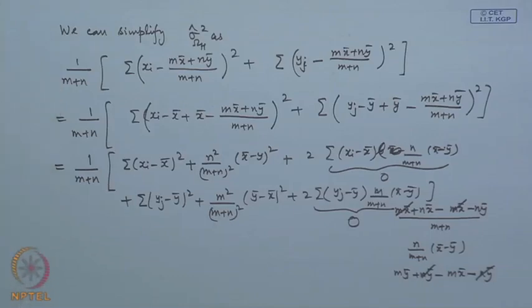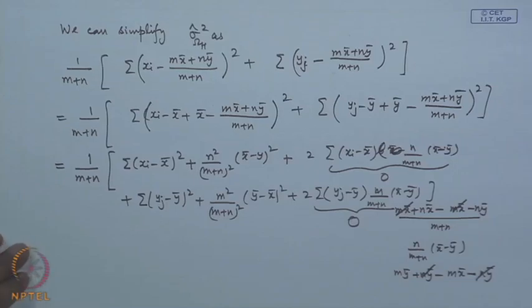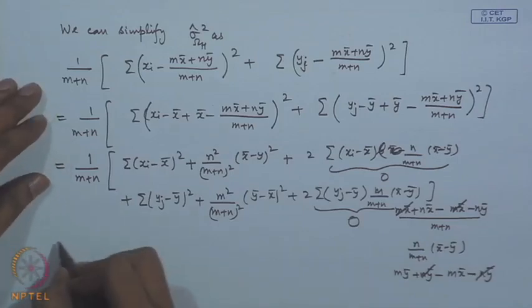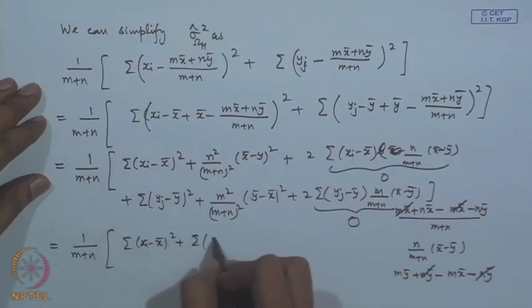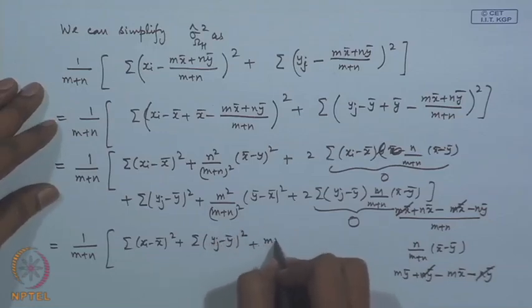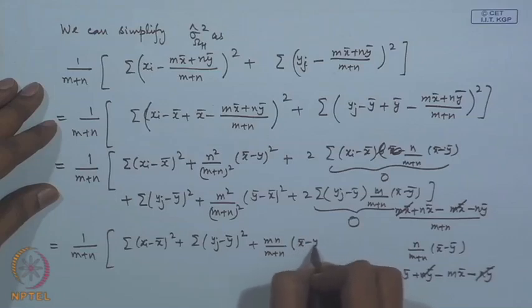Now, the term that is remaining, I can actually simplify this. This I can write as 1 by (m plus n) times sigma (x i minus x bar) whole square plus sigma (y j minus y bar) whole square plus m n by (m plus n) times (x bar minus y bar) whole square.